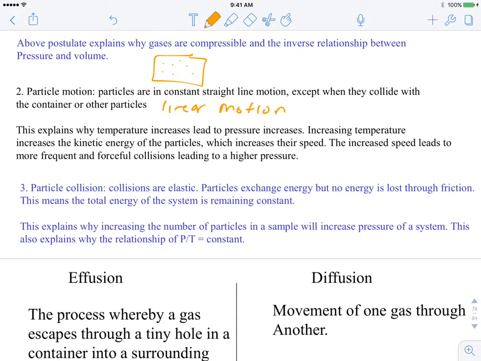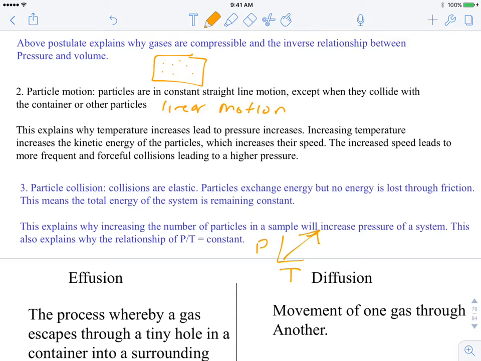This is really why, when you increase temperature, all of the energy changes go to the motion of the particles moving faster, colliding more forcefully. But all of those collisions are elastic, so there's no loss of energy. And so you get that nice linear curve when you do P versus T, and you get this constant. We should put T as the independent variable and pressure over here. That's why we get that linear curve, that's direct.